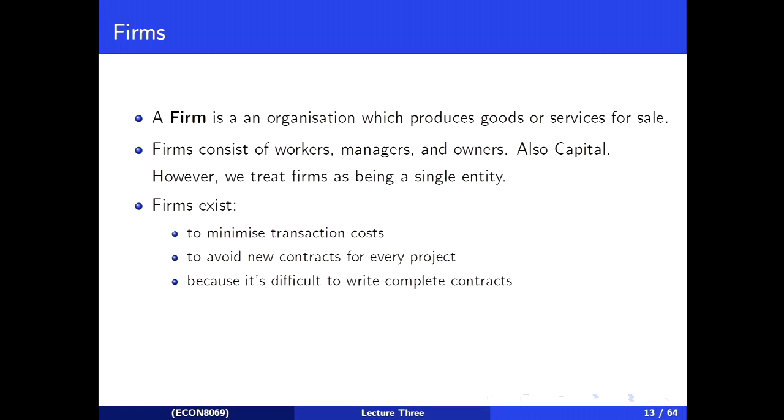So firms typically consist of lots of different objects that are sort of smashed together. We have workers, managers, owners, other types of workers in our firm. Capital is going to be a component of our firm typically. However, we kind of ignore all of that, and we tend to treat firms as single objects.